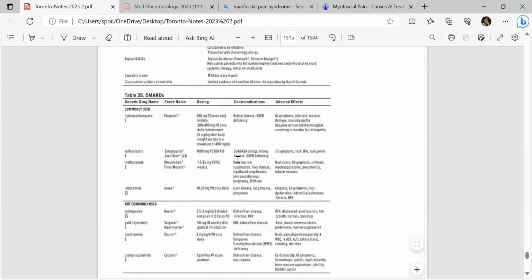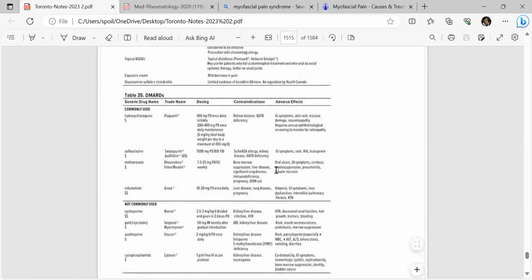ASA or kidney allergy. Okay, again, kidney disease, allergy and G6PD deficiency, GI symptoms, rash, and leukopenia are very common in this. Methotrexate, which is normally given: bone marrow suppression, liver disease. We will not give it in a person who has bone marrow suppression, liver disease, or lung disease, and oral ulcers, GI symptoms, cirrhosis, myelosuppression, and pneumocystis and tuberculosis.